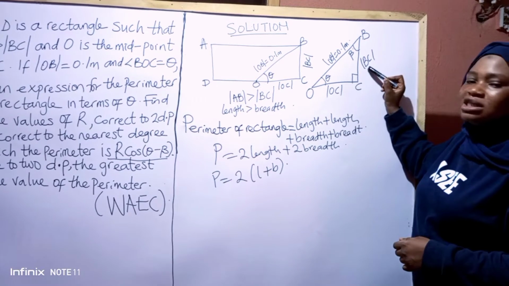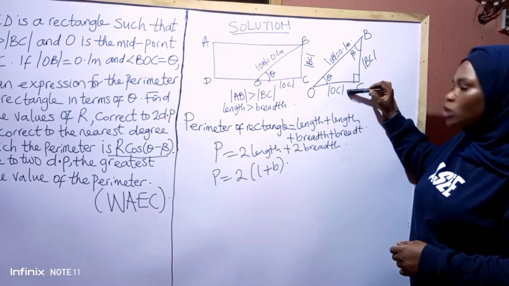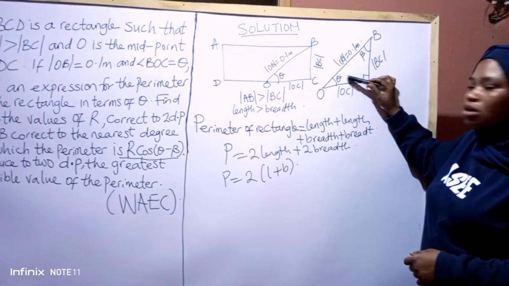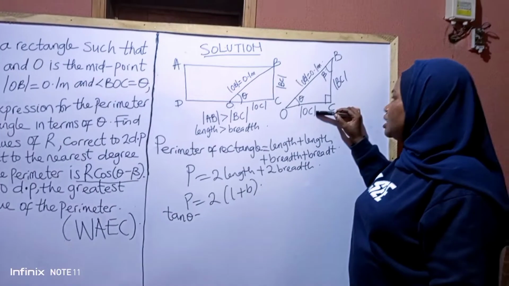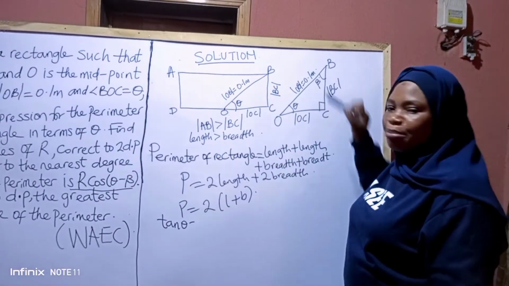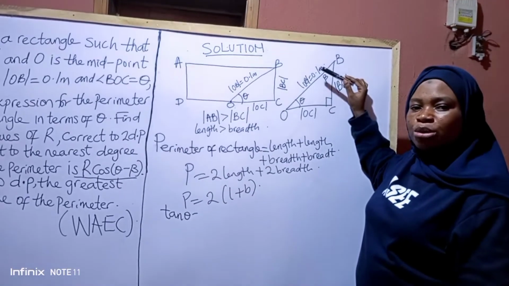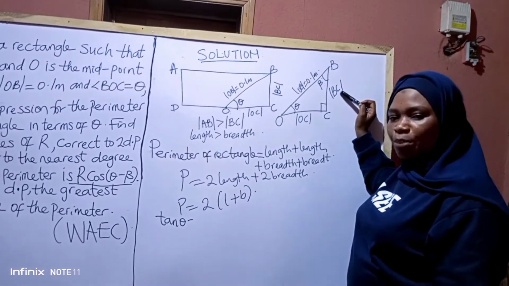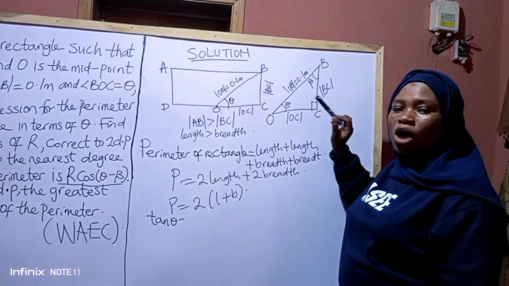So BC is the opposite side of this angle theta, and OC is the adjacent of this angle theta. So BC is the opposite, OC is the adjacent, OB is the hypotenuse. We have known the hypotenuse to be equal to 0.1. So to find BC, we need to use SOHCAHTOA.